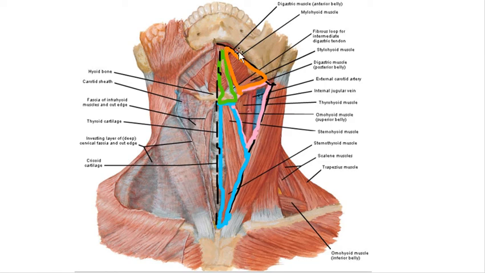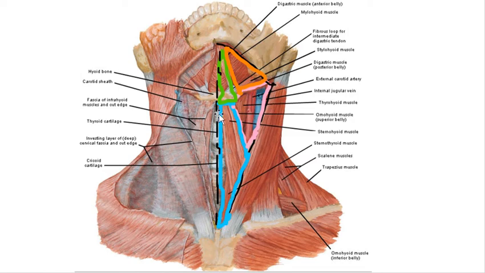This black dotted broken line is that imaginary line which bisects the neck into two. So this is the medial boundary of the anterior triangle. This is the lateral boundary of the anterior triangle, which is formed by the anterior border of the sternocleidomastoid muscle, and superiorly it is bounded by the base of the mandible.